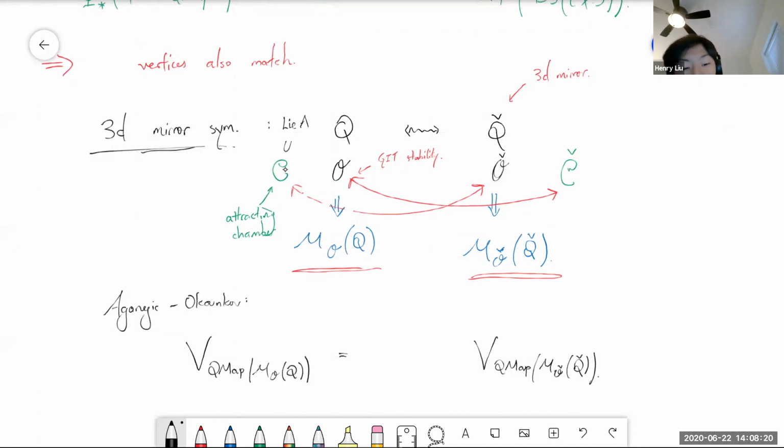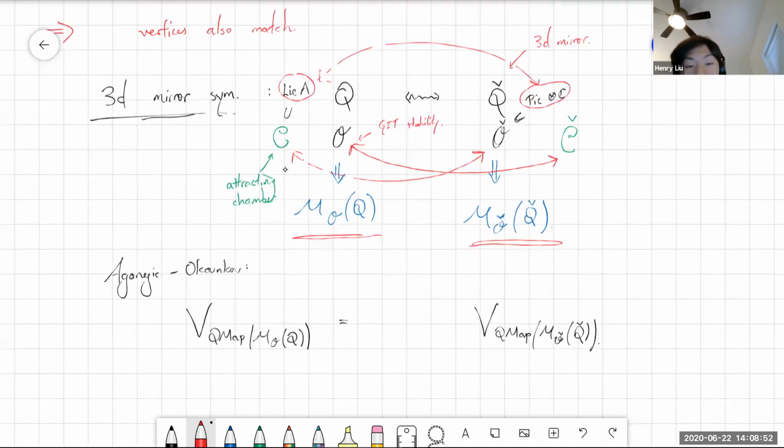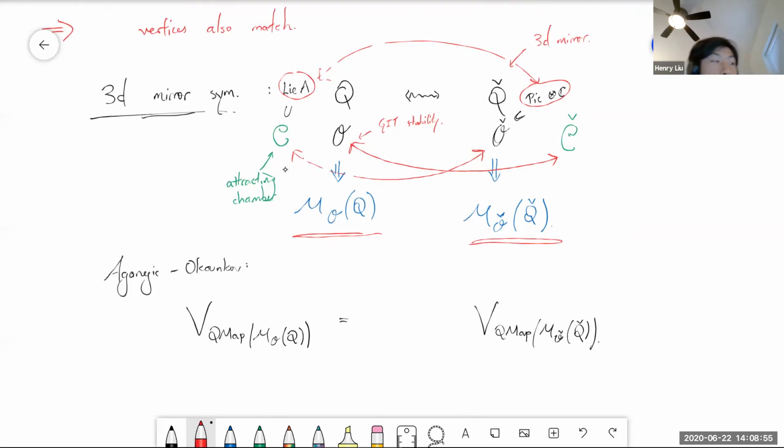And so actually the entire Lie algebra has to be identified with the space of GIT stability conditions on this side, which essentially will be something like pick... So actually these two things are slots. So when you want to write down the relationship in between these quasi-map vertices, you expect that they also will depend on your choice of attracting chamber.